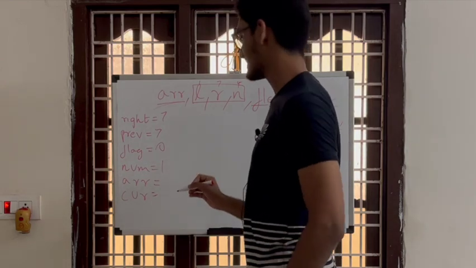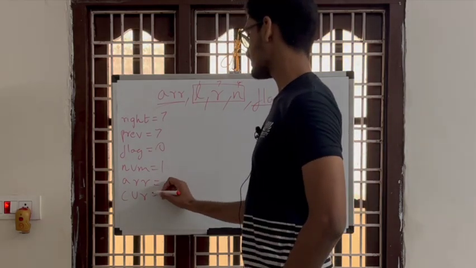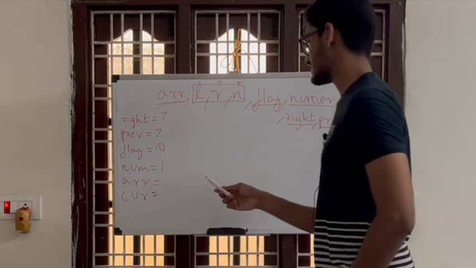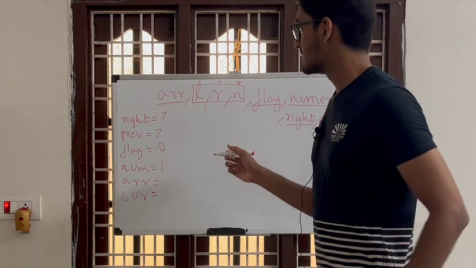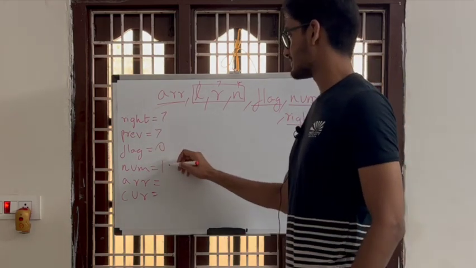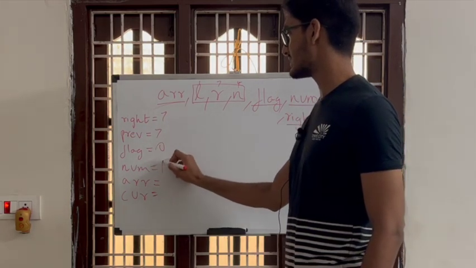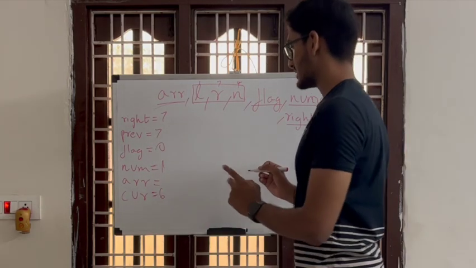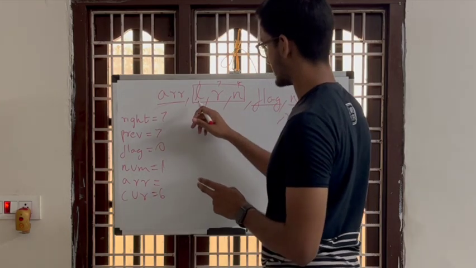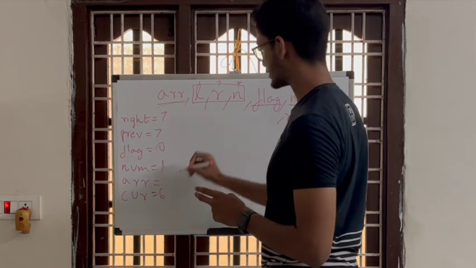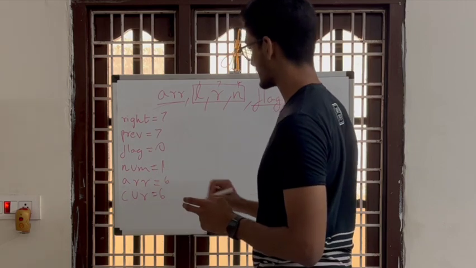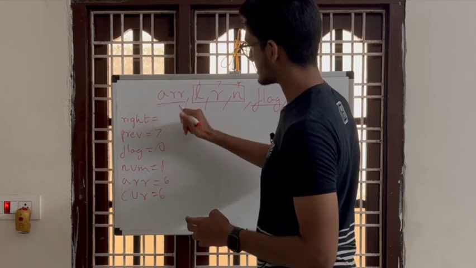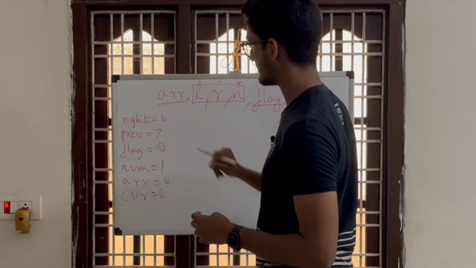Current is the number you're going to calculate right now, which is right minus num, the decrement number. 7 minus 1 will be 6. Now we'll check, is 6 less than 1? No. So we'll add 6 to the array. Now we'll update the right value as 6 and the previous value as 7.